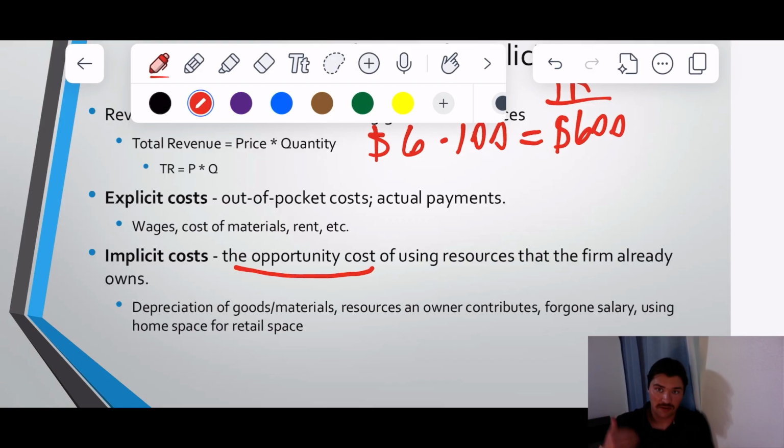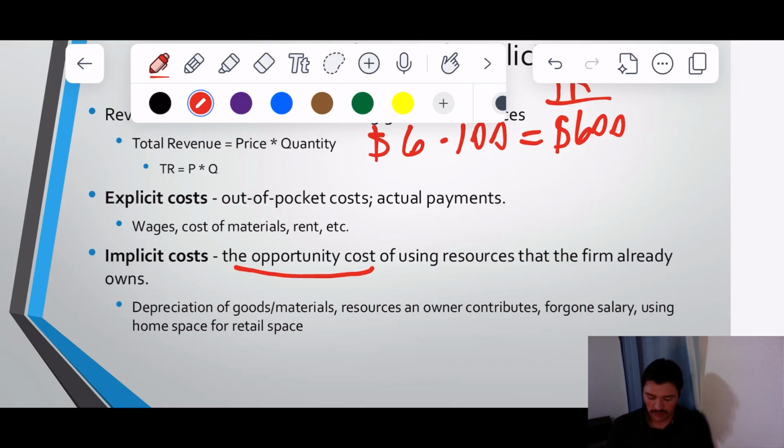So that is your implicit cost of owning a car, is that depreciation. It's something you're giving up to do what you desire. Other things that you contribute, like if you own a house and you have 4 bedrooms and you use 1 bedroom only for business, and you technically can't use that space for personal use, you're giving up that room to do your business. So you're giving up that personal space. That is your opportunity cost there.